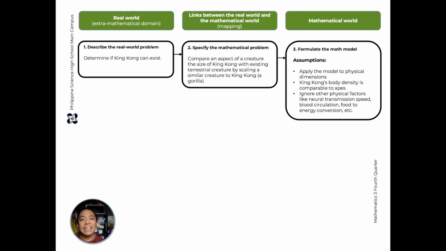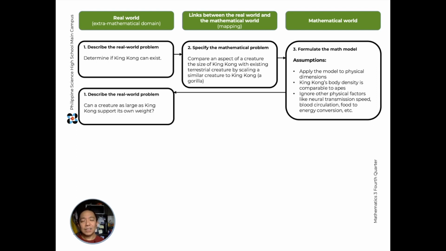Dapat yung scaling from the body mass and essentially body density ng isang gorilla, pagdating natin kay King Kong, similar pa rin. So, I think those are fair assumptions but we need to state them para magkaroon ng limitations yung model natin. Then, since we stated those assumptions, baka medyo magiging mas specific yung description natin ng real-world problem.